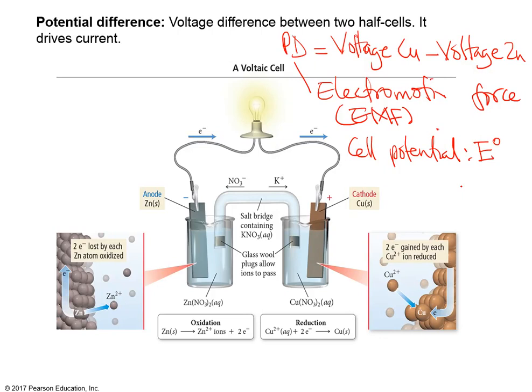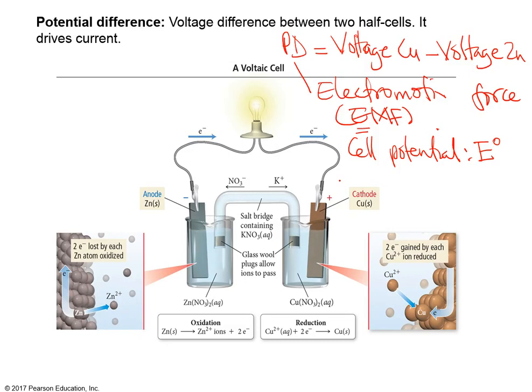So E naught stands for cell potential, but that is just the voltage difference or the electromotive force. That E is coming from here, the electromotive force. So it's the potential difference of a cell.